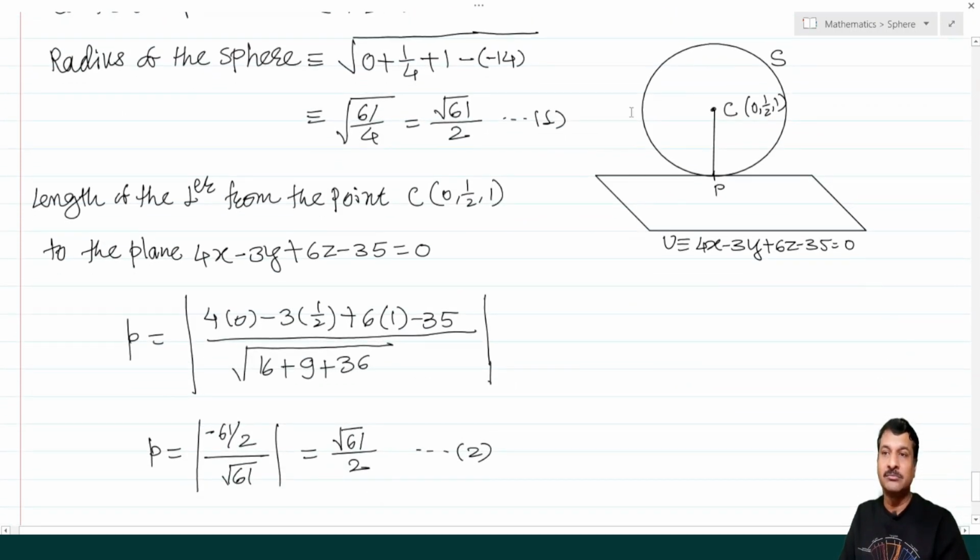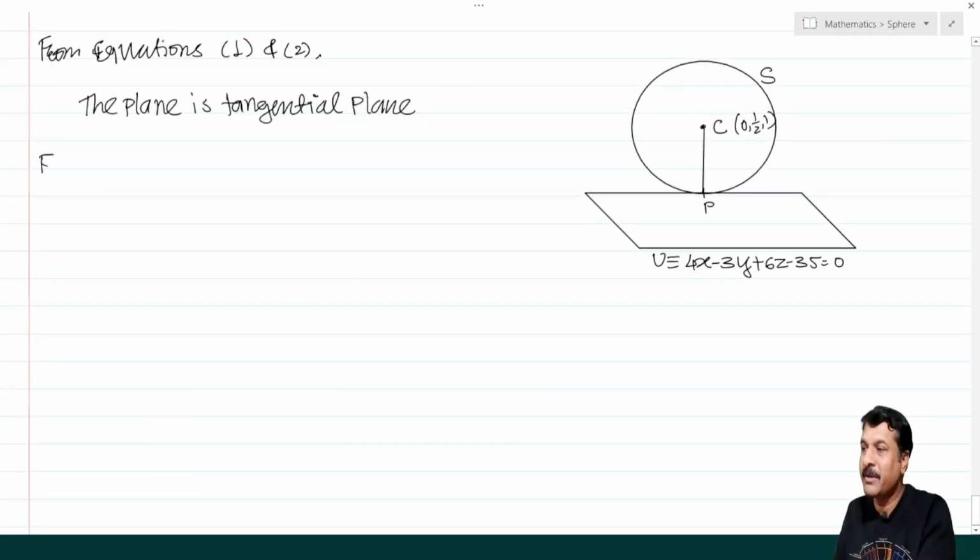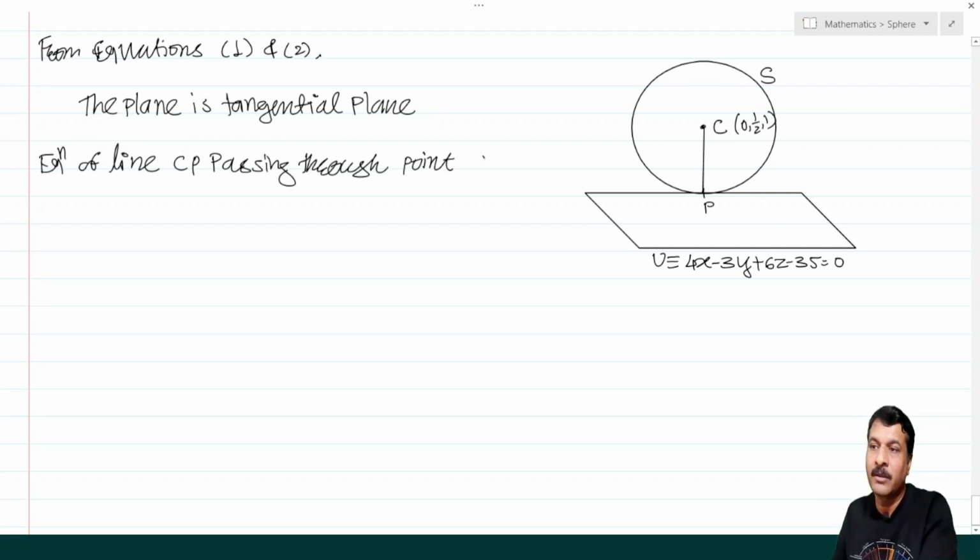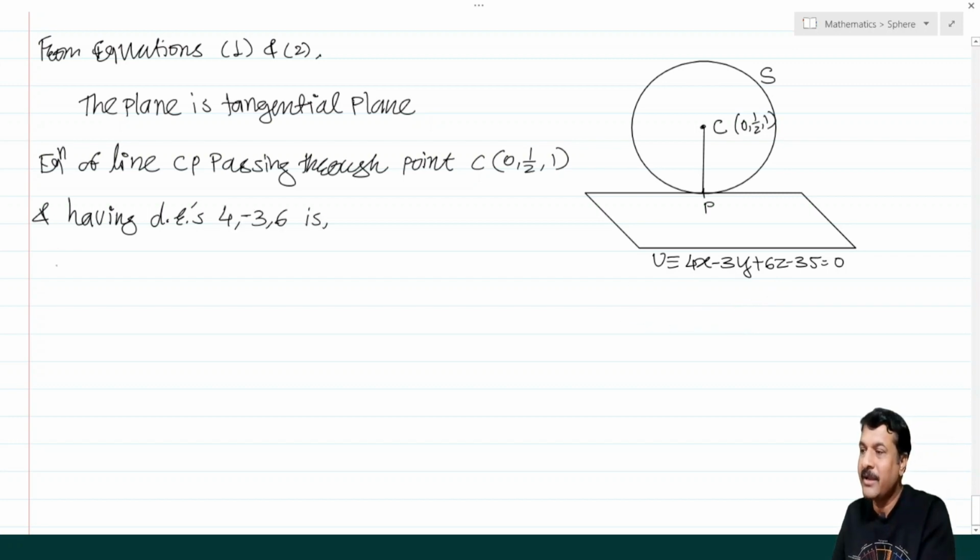So how? The equation of line CP passing through the known point C (0, 1 by 2, 1) and having direction ratios 4, minus 3, 6 is x minus 0 by 4 equal to y minus half by minus 3 equal to z minus 1 by 6, and that is equal to k.